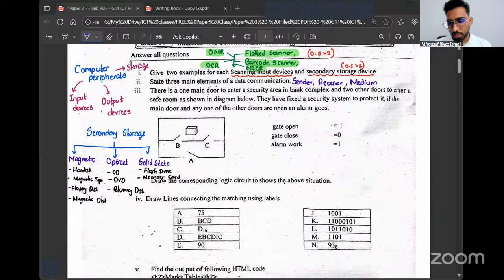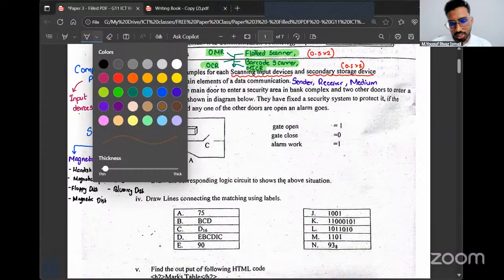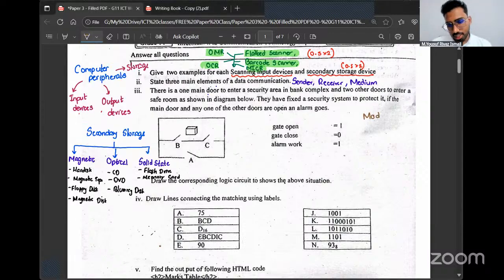What is the difference between mode and media? Mode is something, media is something, medium is something. Mode is basically the way the data is traveling.